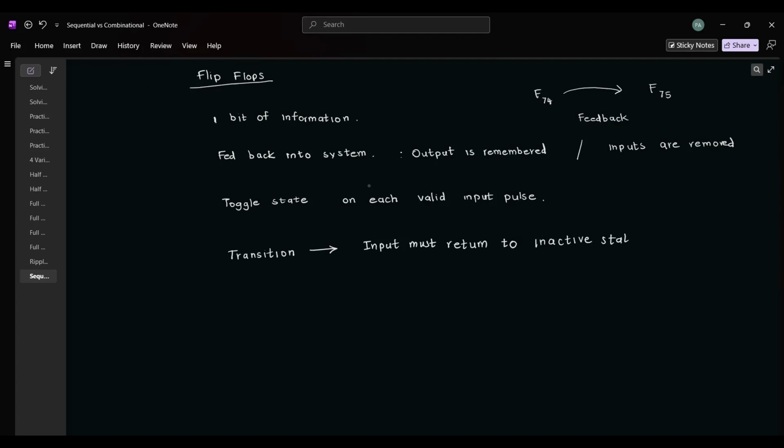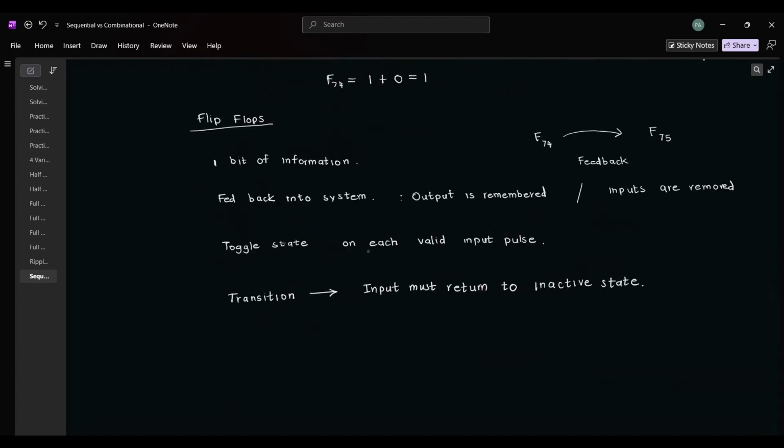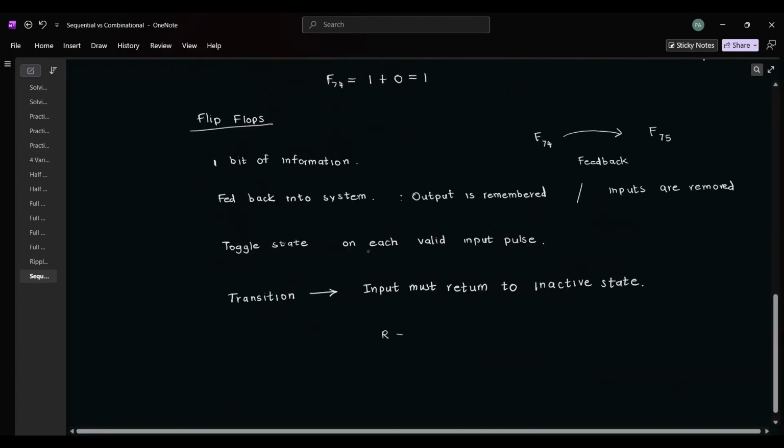That's it. These are some of the important points that you should know about flip-flops. In the next video, we will be talking about reset-set flip-flops, which are the basic blocks for learning any other flip-flops. This is the entry point for you to learn about flip-flops. So don't forget to watch that video to understand how a flip-flop works.